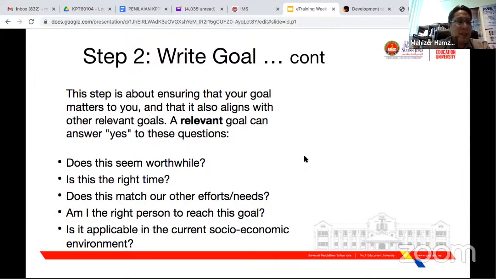And then is it applicable in the current socio-economic environment? Because nowadays the majority of companies try to save a lot of money. Even in Malaysia, same.